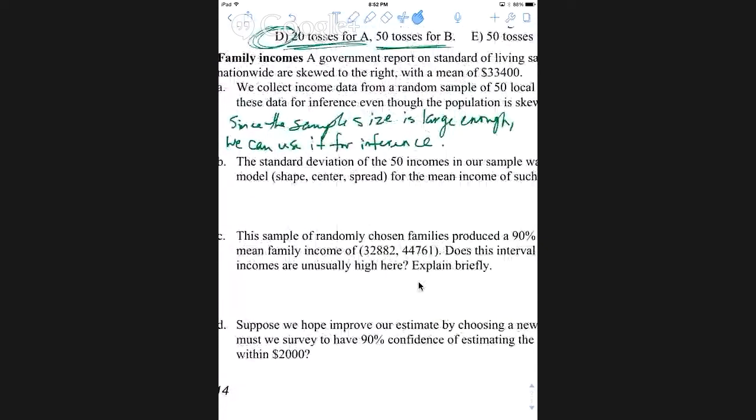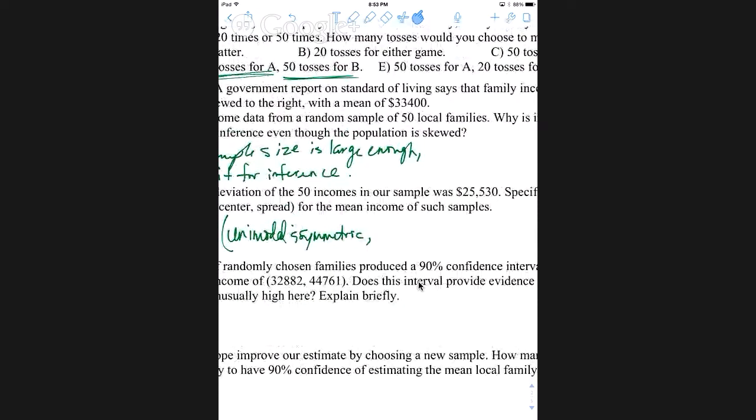So I said this was going to be a T model with 49 degrees of freedom. The shape is going to be unimodal and symmetric. What else do I know? I know that the center is the mean, which was the population mean, 33,400.